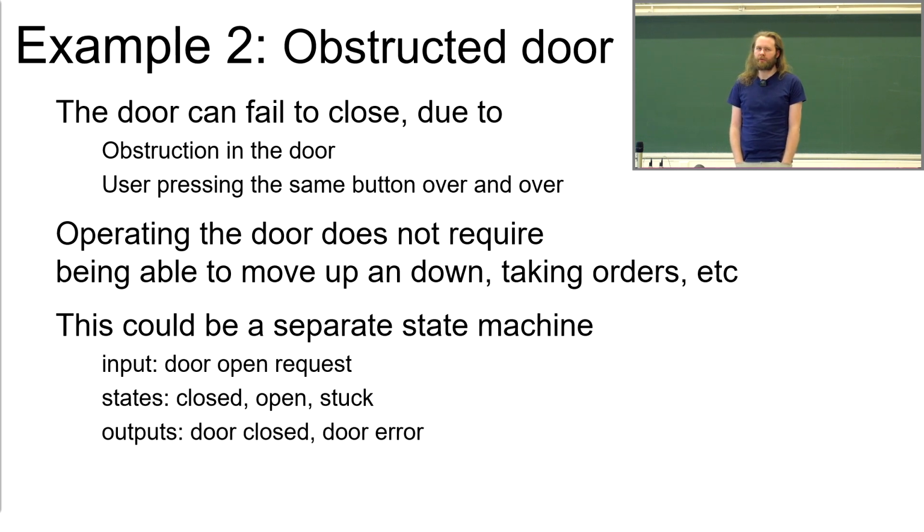And then the moment the door is unstuck, the door goes, hey, I was able to close the door, you are ready to go. And if the door obstruction is active for a long time, it goes, you know what, I was never able to close the door, here, have an error, I failed. Maybe I'll succeed later, but for now, I am stuck. Just figure out what to do. So the door can be its own separate state machine.